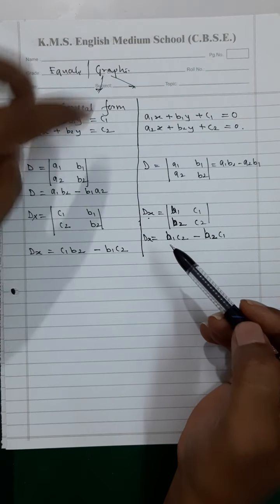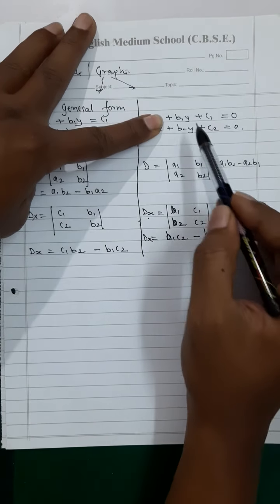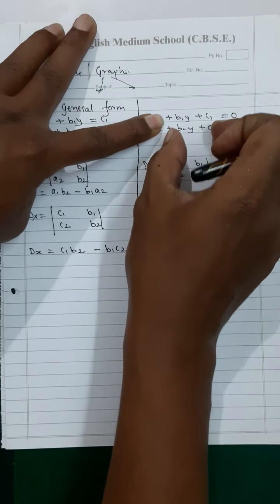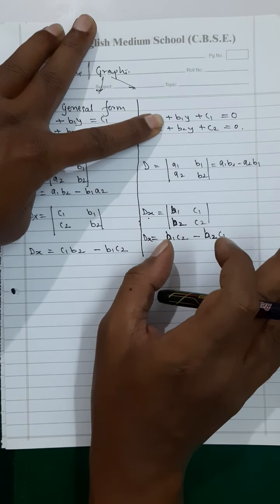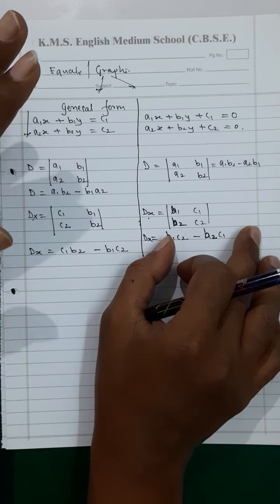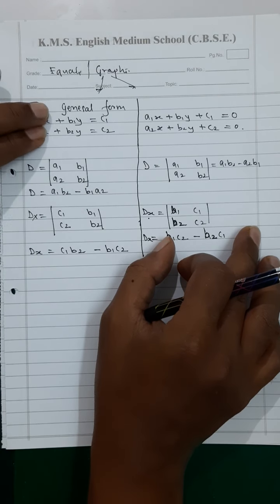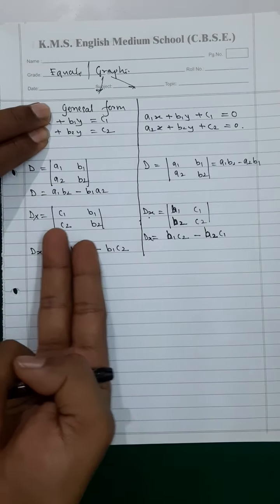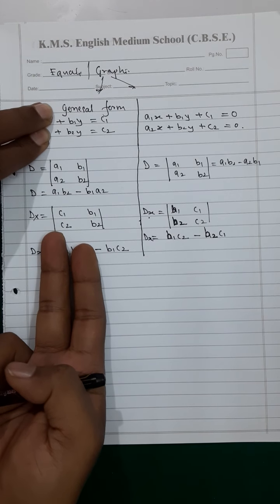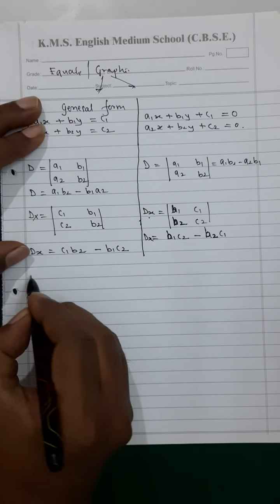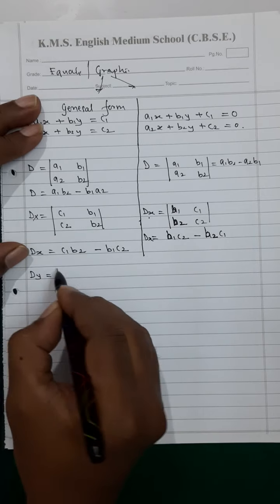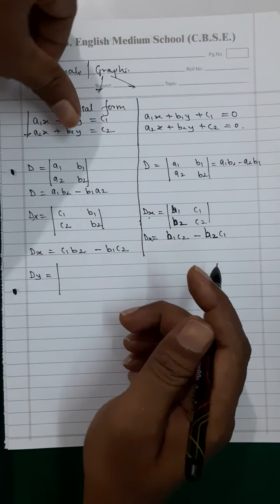Definitely while considering x, you have to ignore a1, a2. You will have to consider b1, b2, c1, c2, and write it down over here without swapping. When the general form is like this, then when finding dx, you will have to swap the places of c1, c2 with b1, b2. And when you go for dy in this case, you don't swap the places.